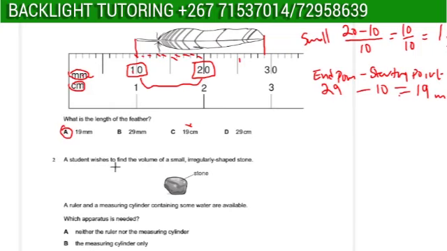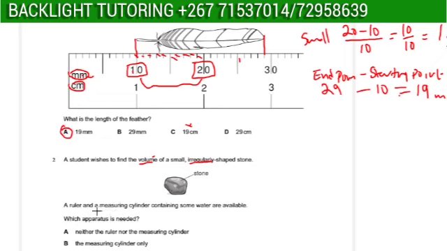Question 2 says a student wishes to find the volume of a small irregular shape. Take note of the words volume and irregular shape. Every time you are trying to find the volume of an irregular shape, you just place it in water and then you calculate the difference.